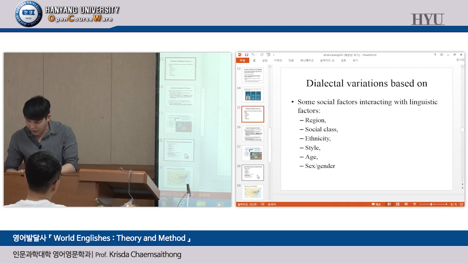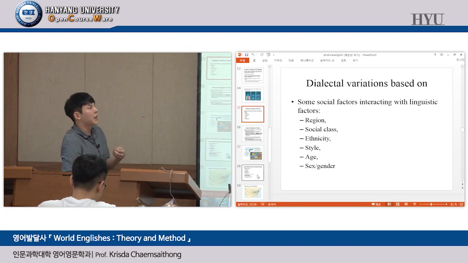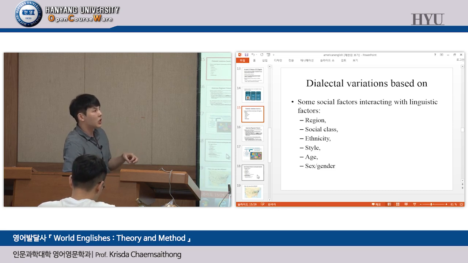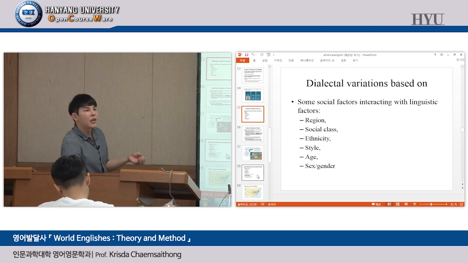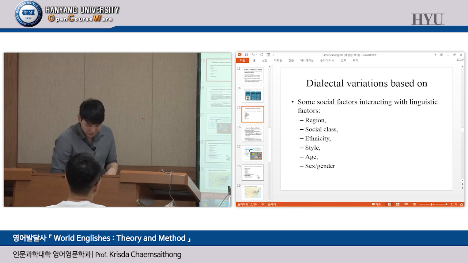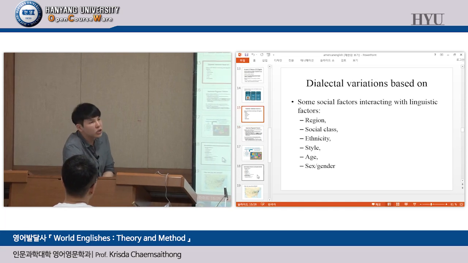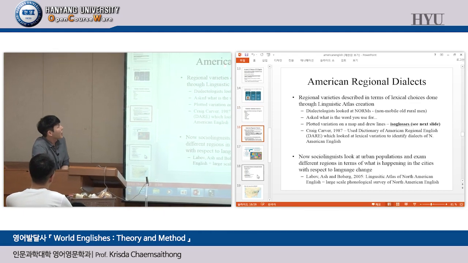So many kinds of dialects: dialectal variations depending on your region, where you are from, where you spend most of your life; social class, what social class you are from; ethnicity, what kind of ethnic background you have, Asian, Asian American, African American, Hispanic American, and so on; style, informal or formal or half formal; age, what generation you are from; sex and gender, men speak differently from women. We will study region, social class and ethnicity in this class, okay?